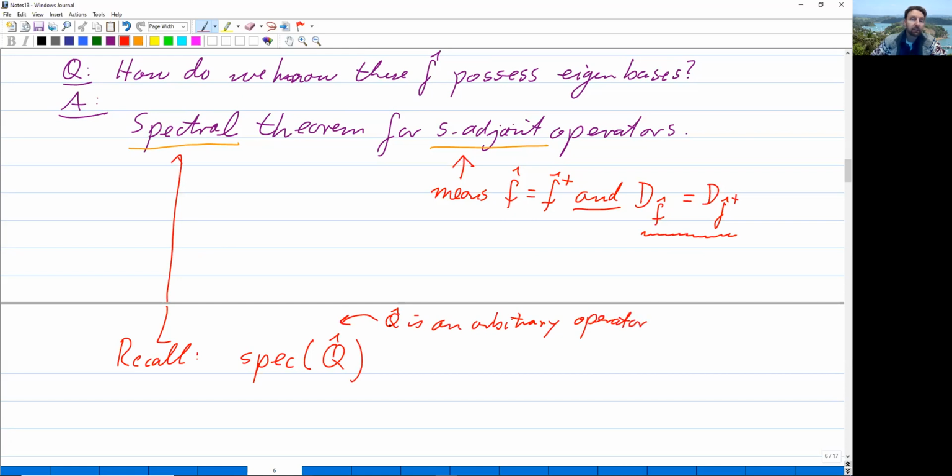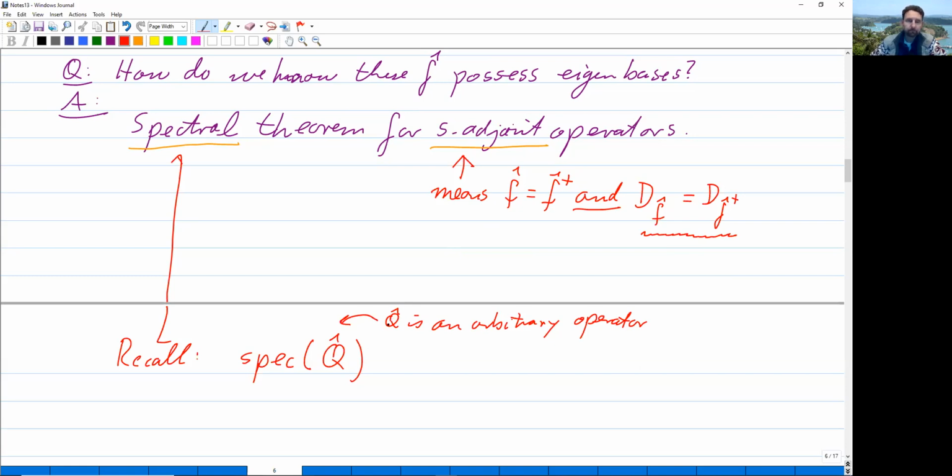I'm using the letter Q hat instead of F hat because F hat is usually reserved for observables. But Q hat doesn't have to be self-adjoint or anything like that. It could be just any operator.